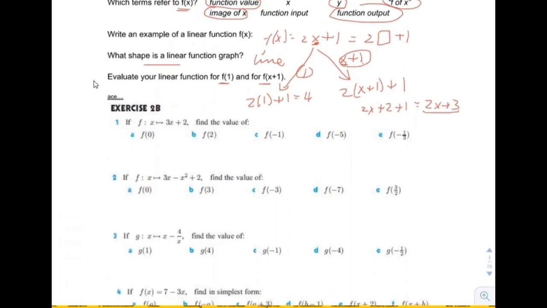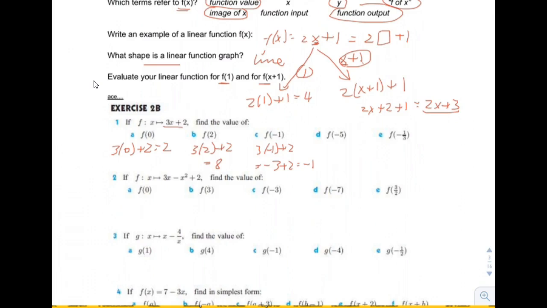Okay. So for this function here, 3x plus 2, find the value of, and then they give us a few x's that they want us to put in. So it would be 3 times 0 plus 2 is 2. 3 times 2 plus 2 is 6 plus 2 is 8. 3 times negative 1 plus 2 is equal to negative 3 plus 2, which is equal to negative 1.